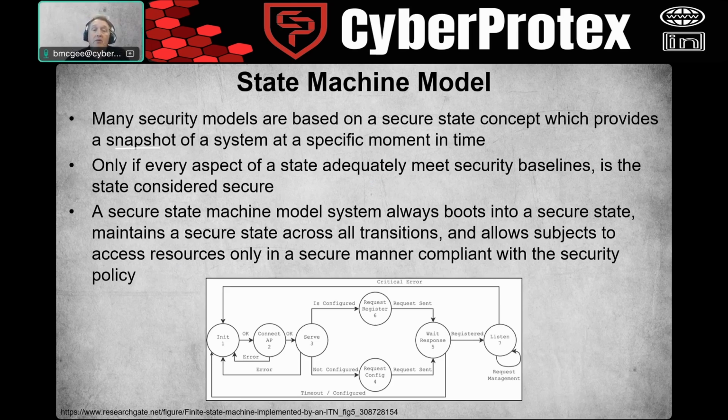And so the state machine model typically will try to dictate how a system should start up securely, how to carry out those secure state transactions, and if there is a failure, to fail secure, or fail securely.